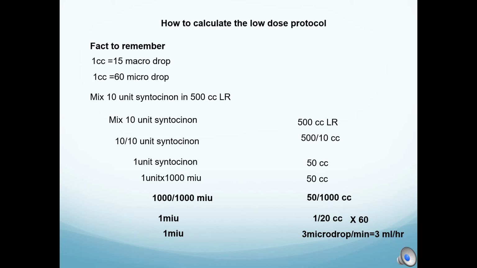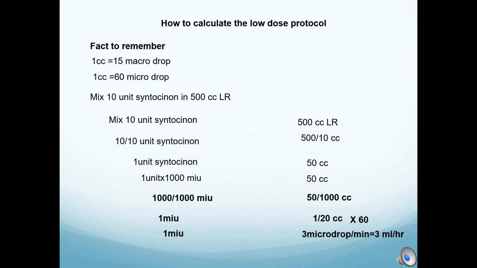If we are mixing the 10 units in 500, and you want to get rid of the milli international unit, we get 1 unit. So dividing both sides by 10, 1 unit is equal to 50 cc. So this is 1 unit.